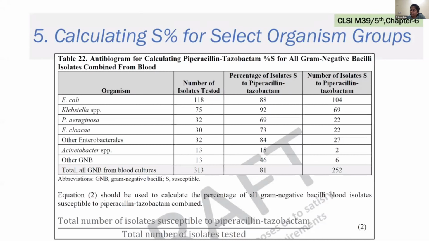You take the number of isolates of all GNB, which gives the total number of isolates tested. Then you also calculate the number of isolates susceptible to piperacillin tazobactam. You calculate the percentage using the total number of isolates susceptible to piperacillin tazobactam divided by the total number of isolates tested.